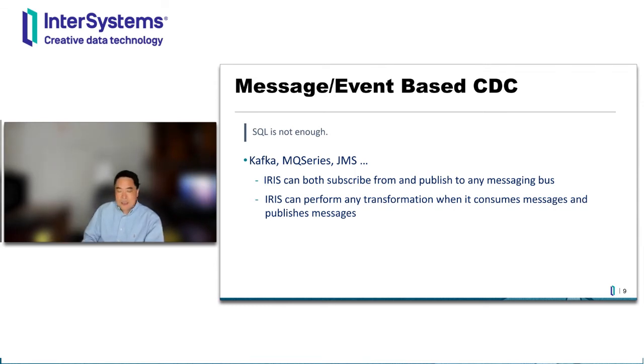There's also another commercial distro, Confluent Kafka. So whatever messaging event-processing CDC you have, IRIS can always participate in such CDCs. IRIS can subscribe from any of these message buses, and we can also publish to these message buses.